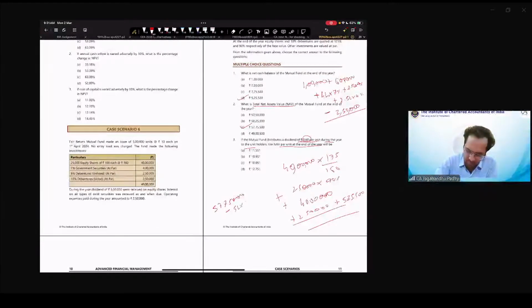So it is 5 lakh into 0.6 divided by the 5 lakh units. How much is this? 10.951. So 10.95, option B is the correct one.